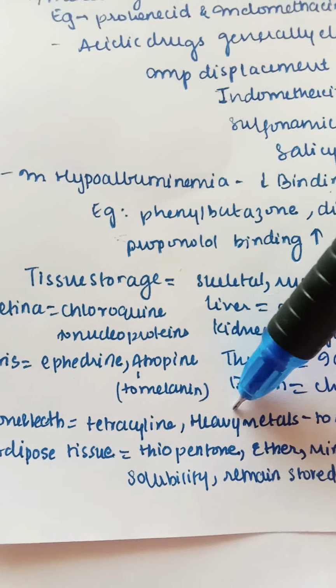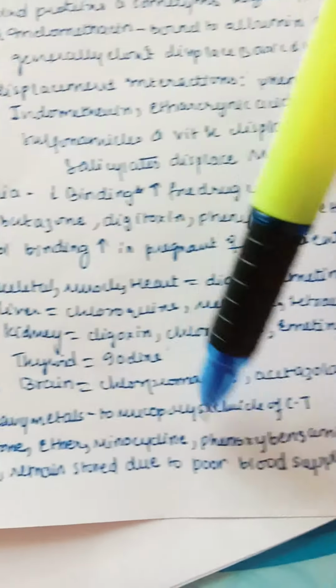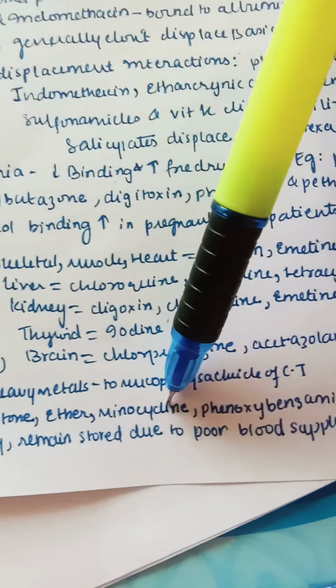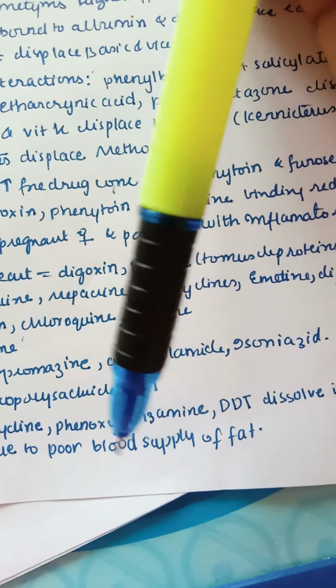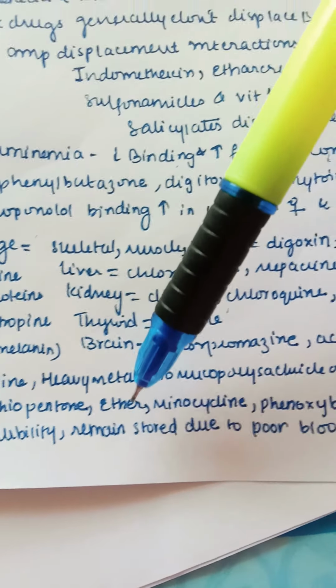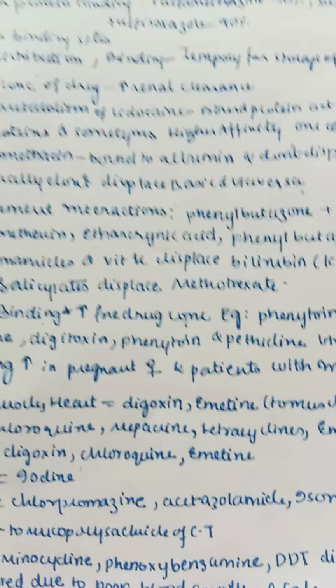In the iris, epinephrine, atropine, bound to melanin. In bone and teeth, tetracycline and heavy metals, bound to mucopolysaccharides of connective tissue. In adipose tissue, thiopentone, ether, minocycline, phenoxybenzamine and DDT dissolve in neutral fat due to increased lipid solubility and remain stored due to the poor blood supply of fat.